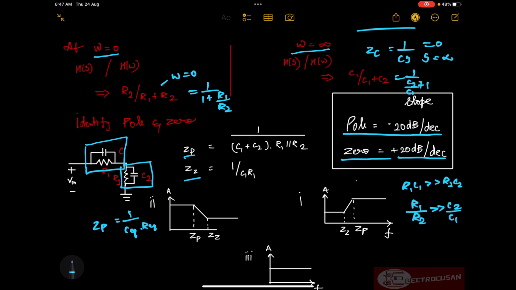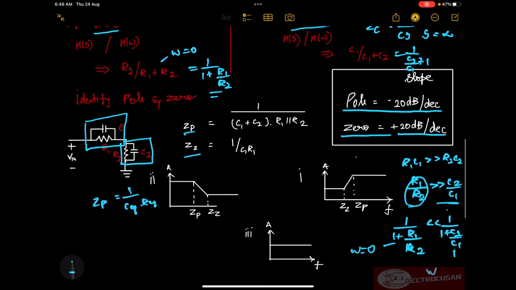So 1 by 1 plus R1 divided by R2 will be smaller than 1 divided by 1 plus C2 by C1. This is at omega equal to 0, and this is at omega equal to infinite. So the value at omega equal to 0 is lesser than the value at omega equal to infinite. So we will get a plot something like this.